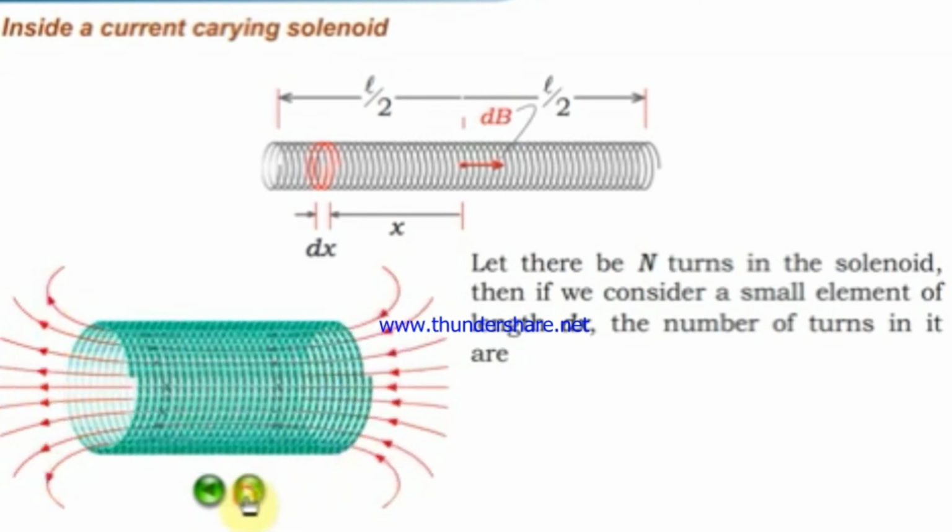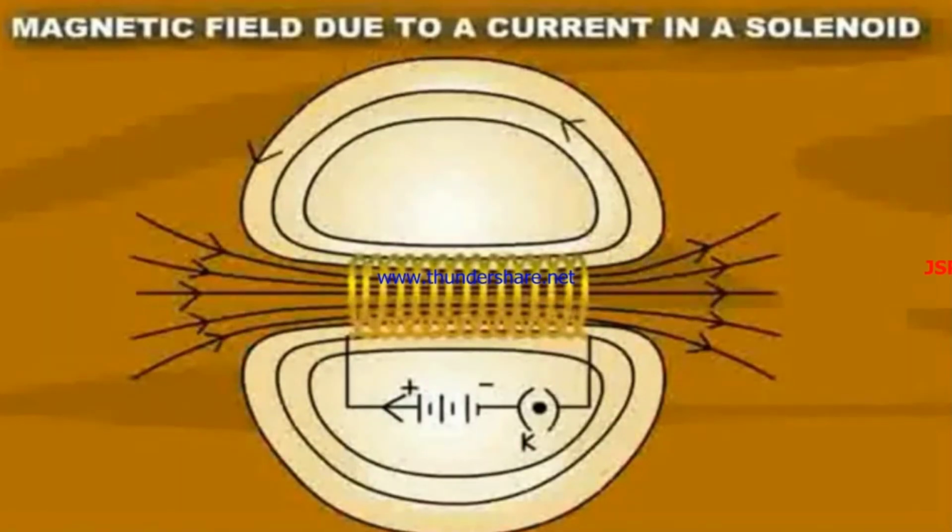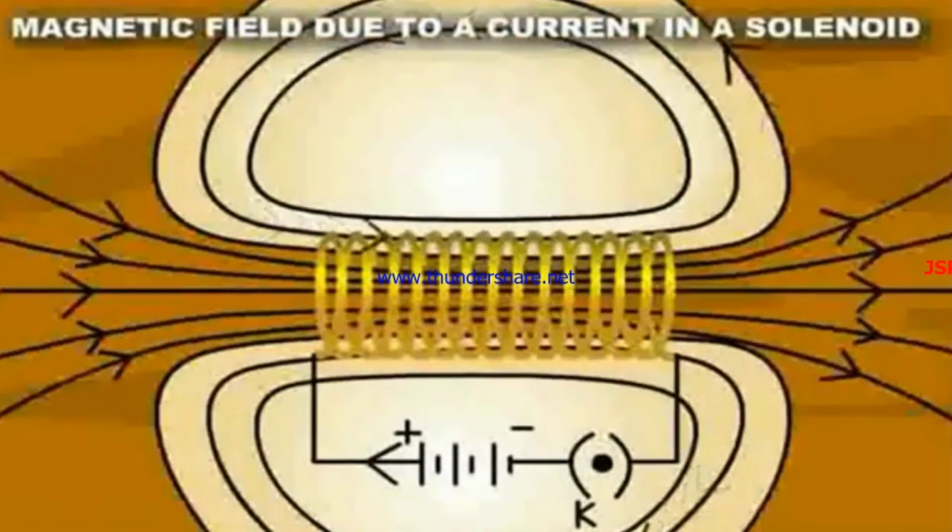The magnetic field inside a long solenoid is uniform and strong. However, the magnetic field at a point outside the solenoid is non-uniform and weak.